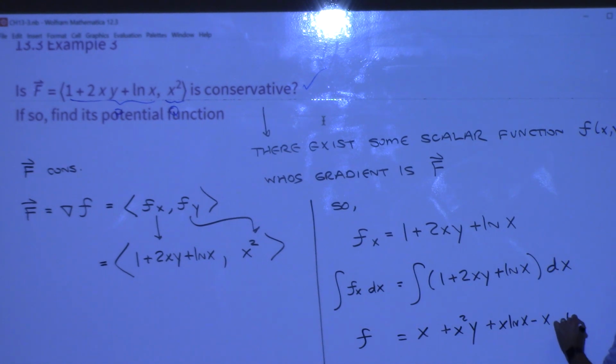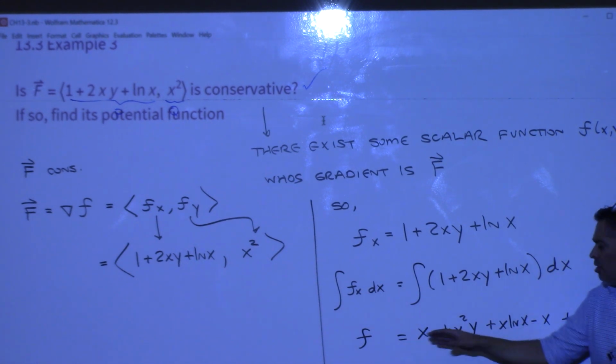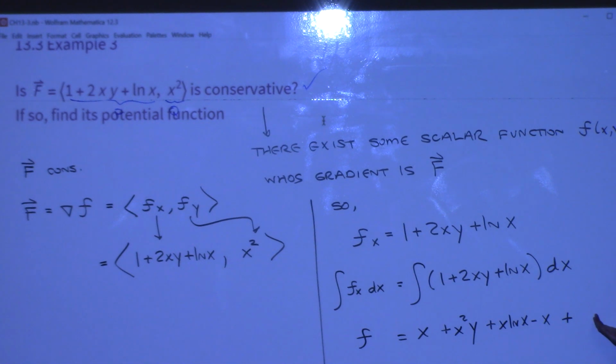Plus, normally we would say here plus what? A constant, right? Because anytime we do an indefinite integral, we're always off by some constant, right? But here we can't say constant because whatever f was could have had some stuff over here that had just y's in it, right? Just y's, no x's at all. Could have been like sine of y. And then what would the derivative have been of that with respect to x? 0, right?